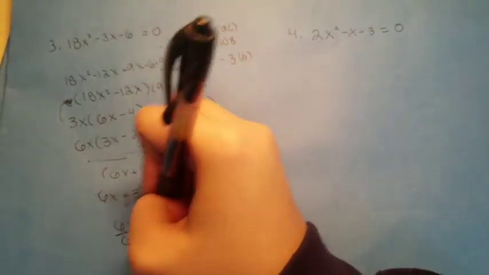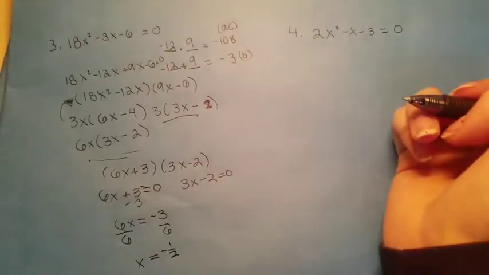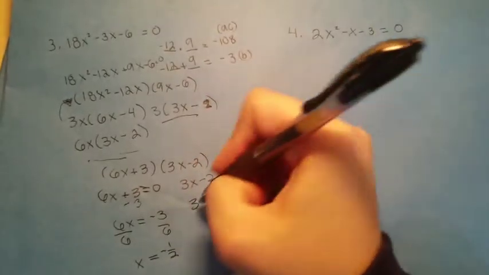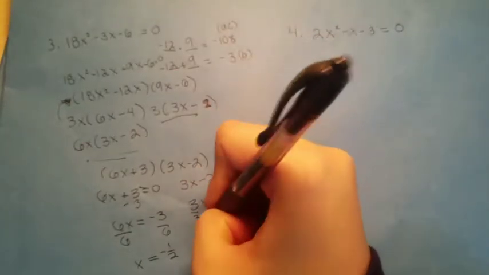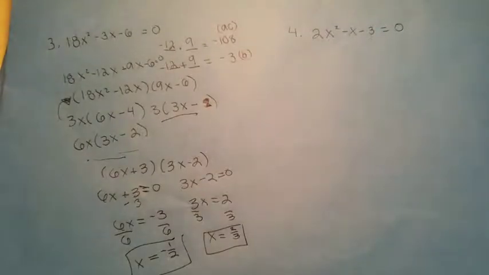And then you divide by 6 to make it equal negative 1/2. Same thing with this one. You move it like that. Divide by 3, which would give you x equals 2/3 and x equals negative 1/2. That's practically all you have to do. These are your roots, so nobody gets confused.